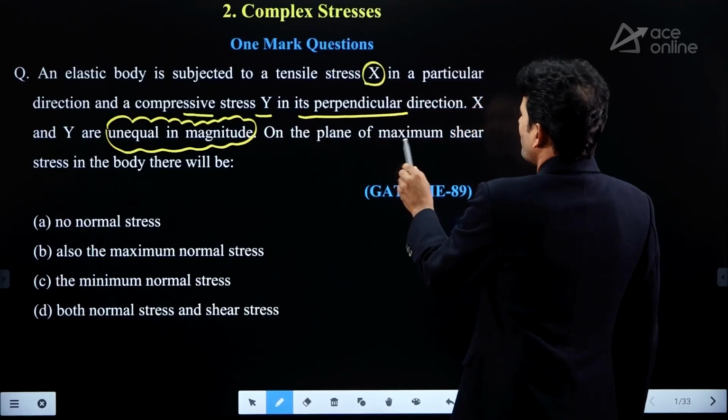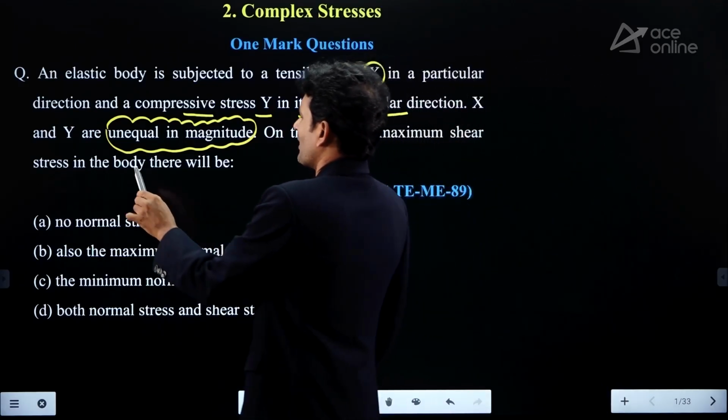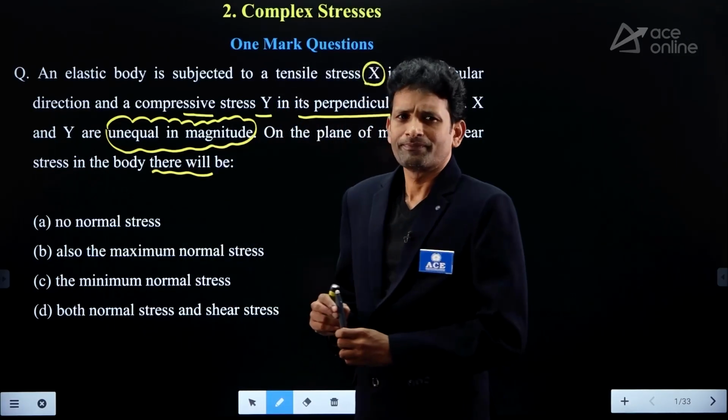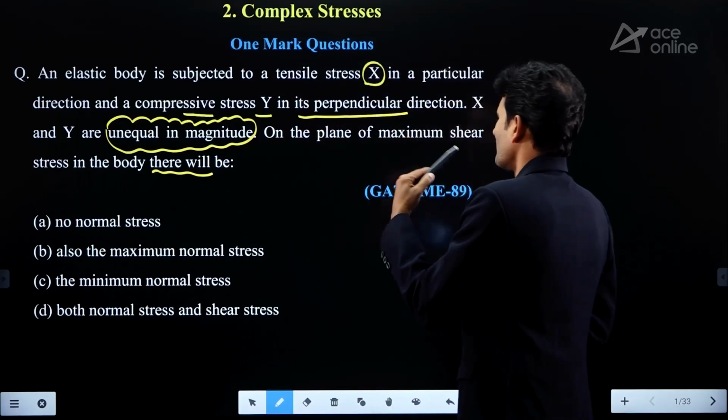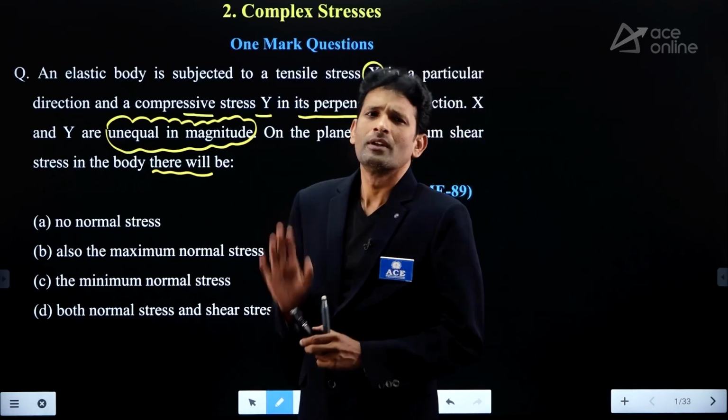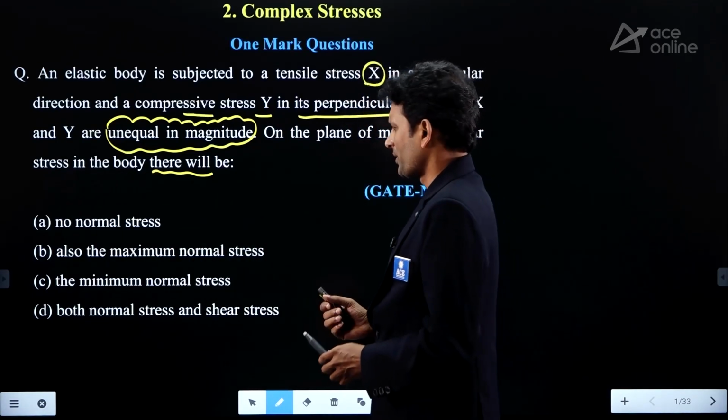On the plane of maximum shear stress in the body, there will be no normal stress. The plane which is carrying the maximum shear stress, on that plane, out of these four options, which is the correct option?